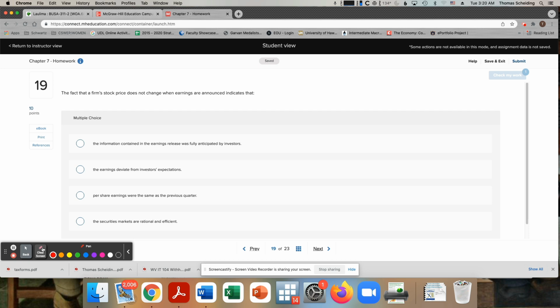If the share price isn't changing, everything's already baked in, as we would say in the investing world. We already know everything that's going on. So we would just say that everything was fully anticipated. If the earnings do deviate from expectations, that's where we'd see it drifting downwards or upwards.